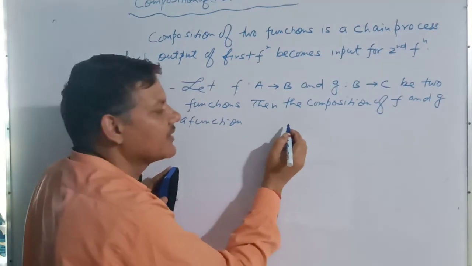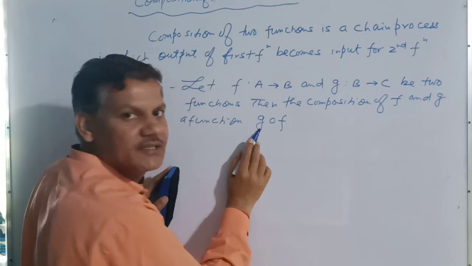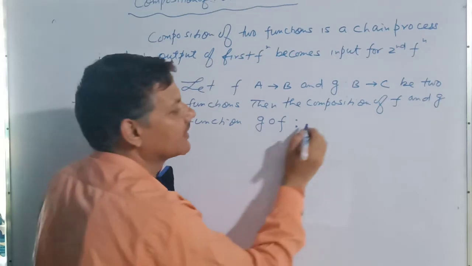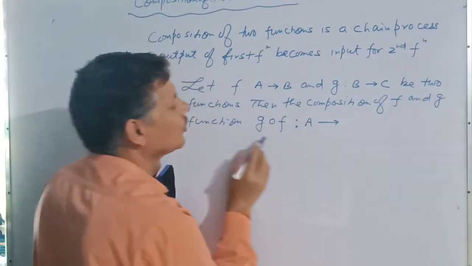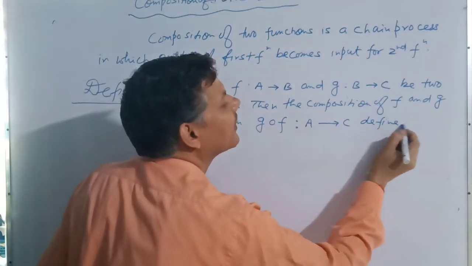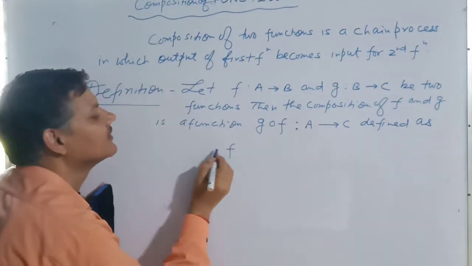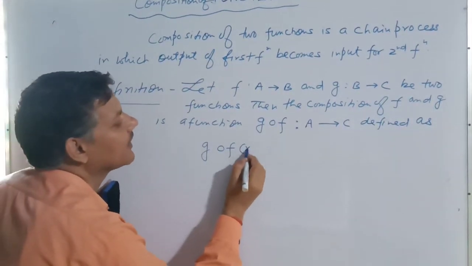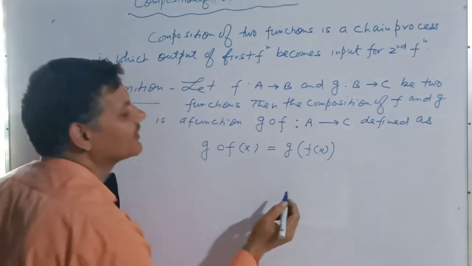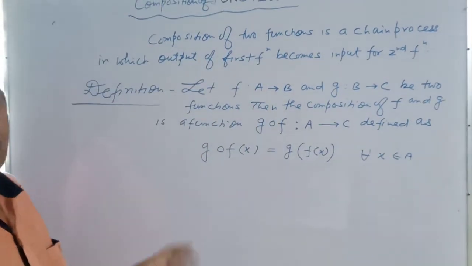What type of function? It is denoted as f composition g. We read it as g circle f. It is a function which takes the domain of this function, that is A, and the codomain of this function, that is C, and it is defined as (g∘f)(x) equal to the value of f(x) under g, for all x in A. Okay, this is about the definition.